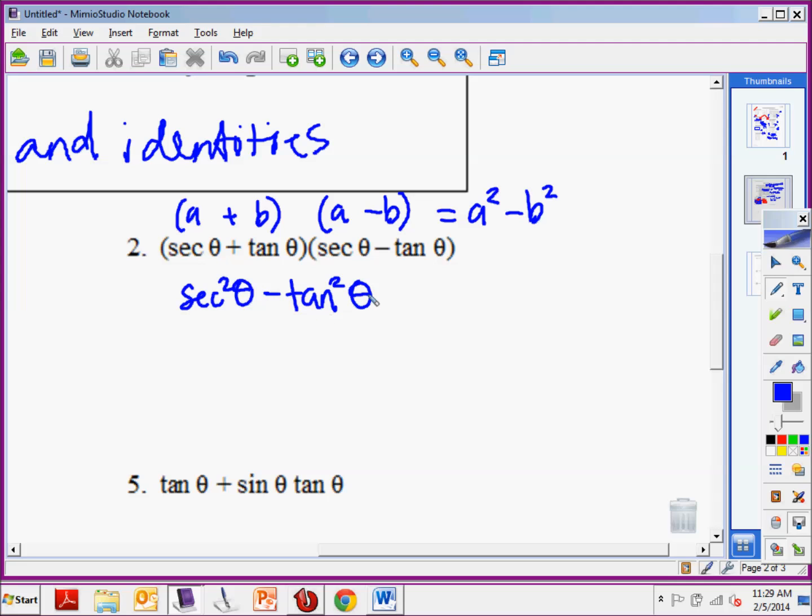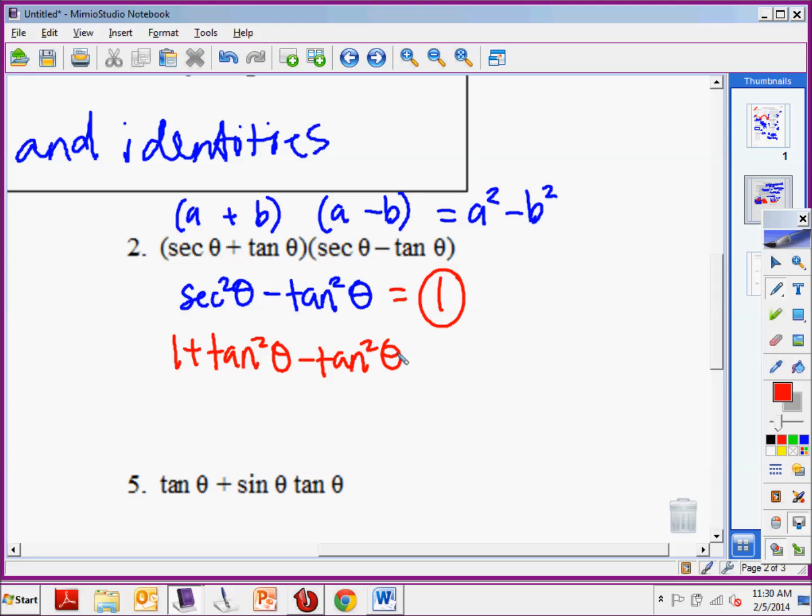And I can use now, what is this? It's an identity, right? Yes. And what's the answer to this identity? 1. Now, if you can't see that manipulation, well, on our identity chart that I just gave you, it tells us that secant squared theta is 1 plus tan squared theta.